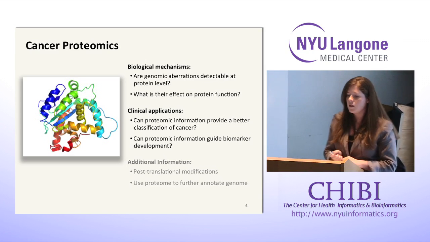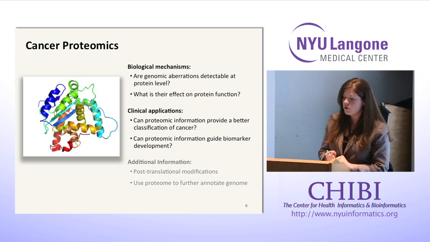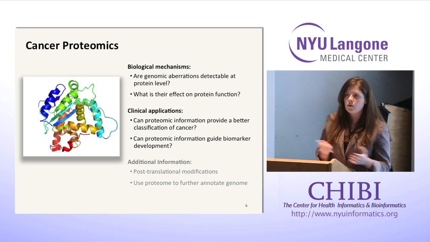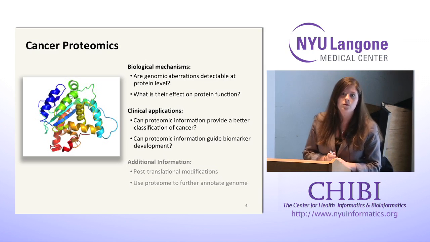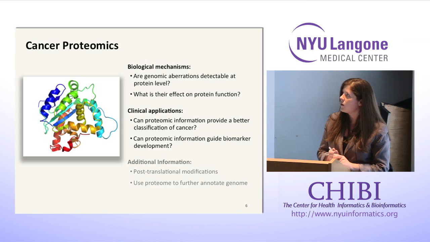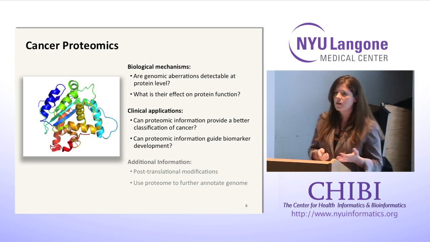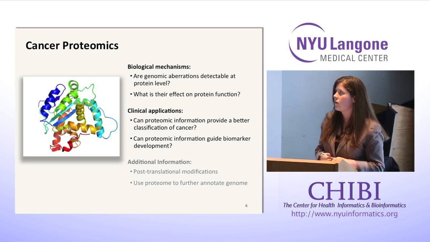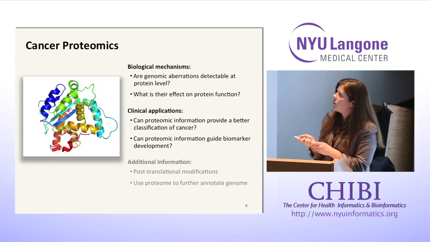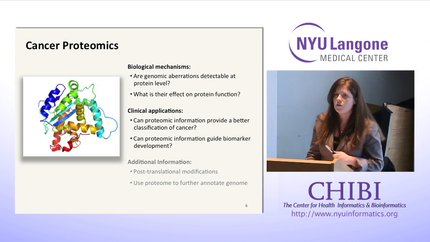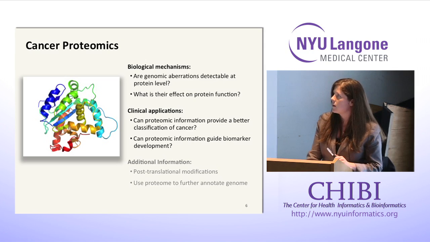Also, can we use the proteomic information to classify cancer in perhaps a better way? Right now, we classify cancer using gene markers, which has been a very useful tool. But perhaps proteomics can give even more information in this classification. Also, can we use proteomic information to guide biomarker development? That's one of the main goals that I'll be discussing.